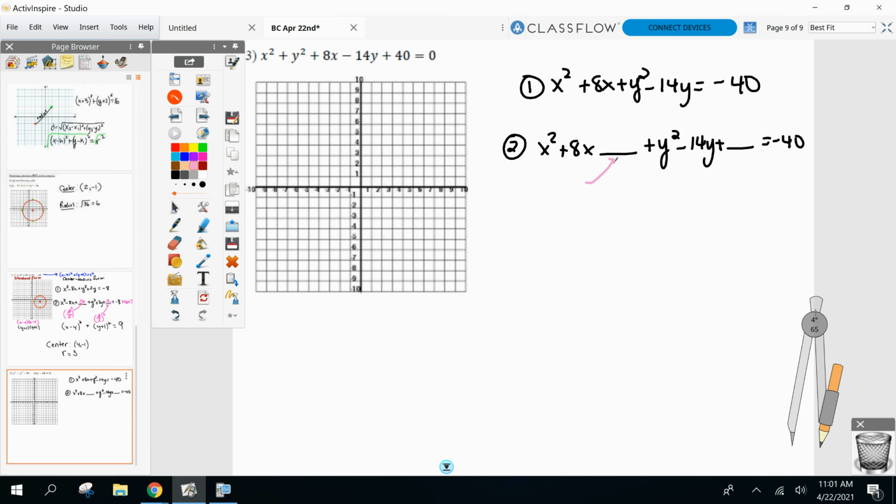To find the number that completes the square, half your b value squared. Half your b value squared. I'll give you a second, then I'm going to ask somebody what your numbers were.